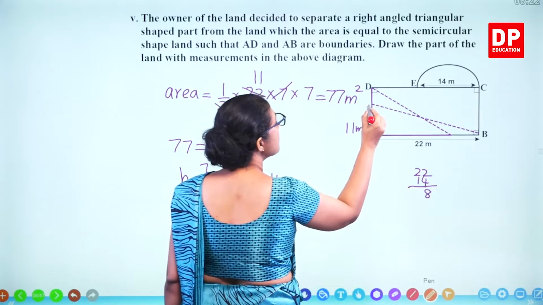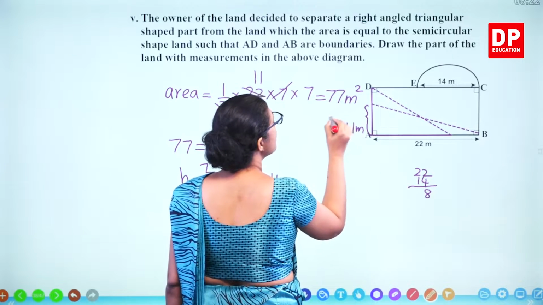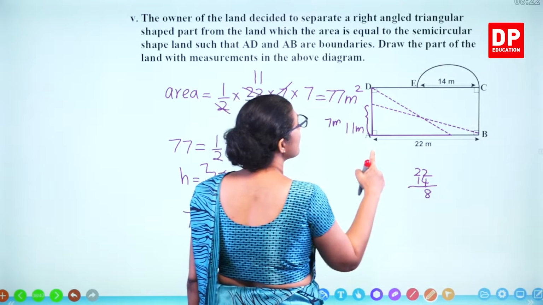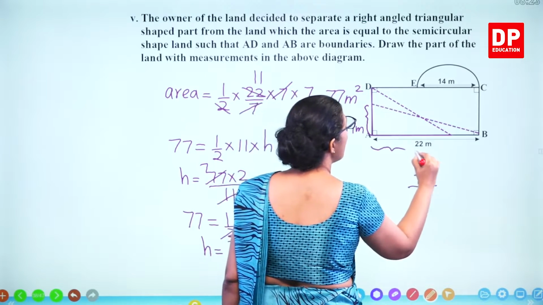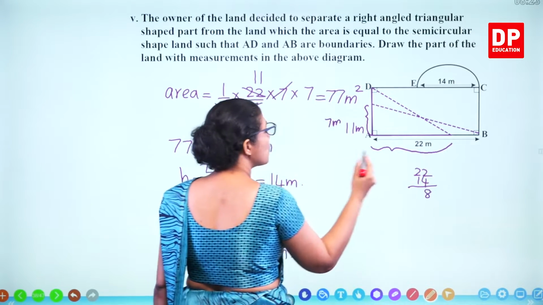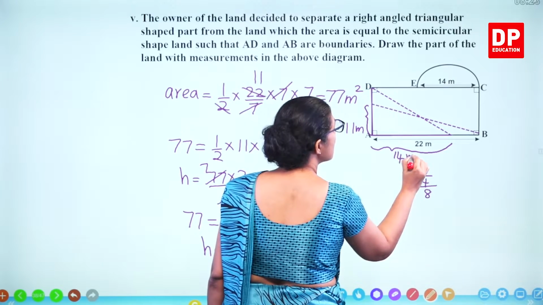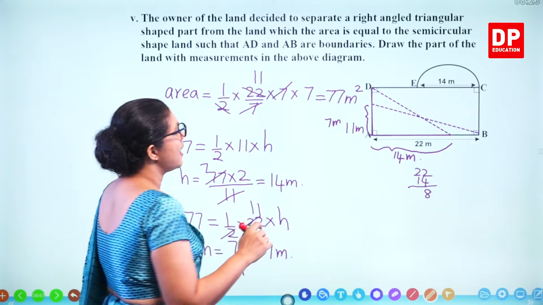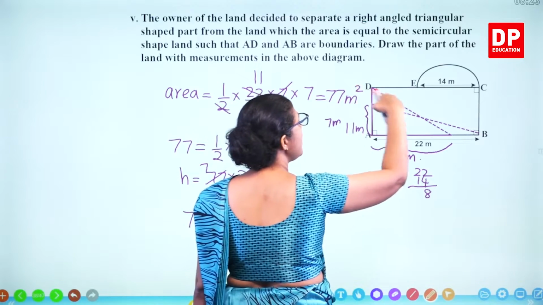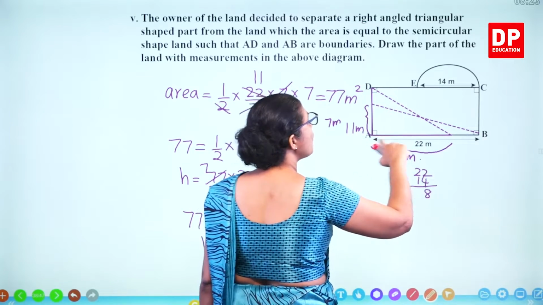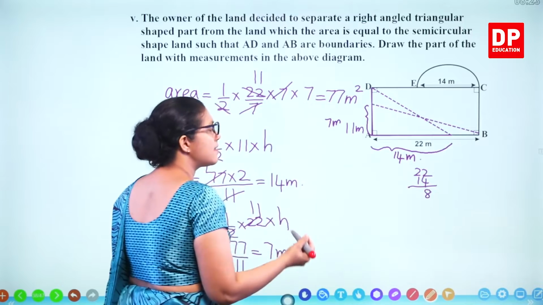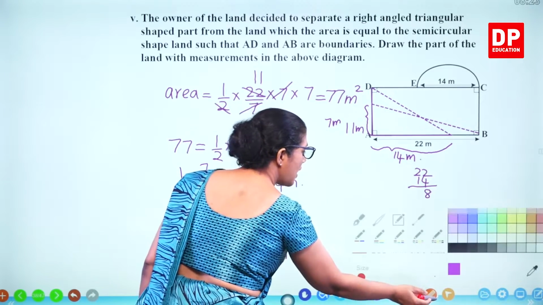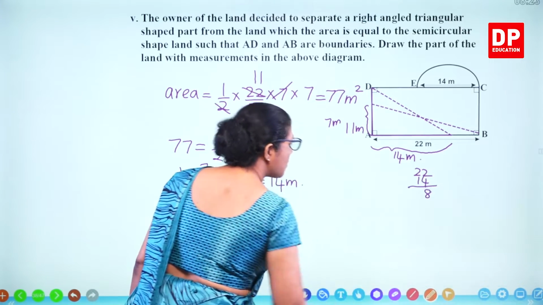So then this part is 7 and here this part we found out 14. So two possibilities are there. It can be AD boundary with this triangle or with AB boundary this triangle. So that's the last part.